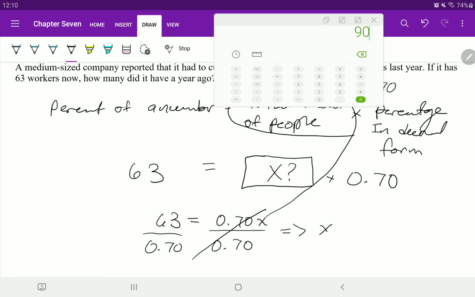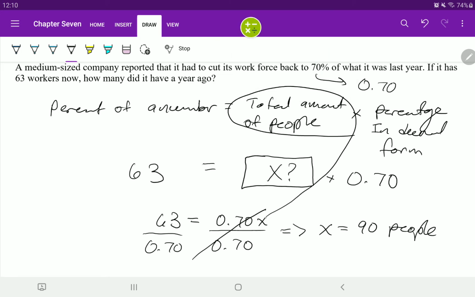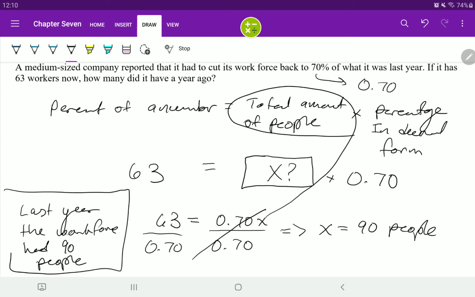So therefore, x equals 90 people. So last year, the workforce had 90 people. And that is my answer.